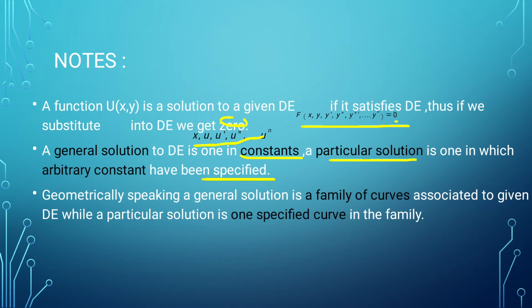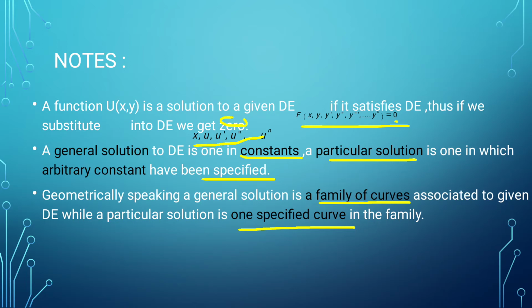If we discuss this geometrically, we mean general solution is a family of curves. It's a family of curves associated to that given differential equation, while a particular solution is one specified curve. So if you want to graphically represent a particular solution, you'll find one specified curve.